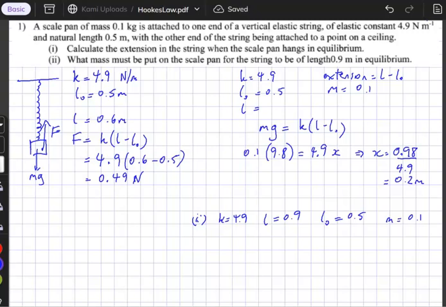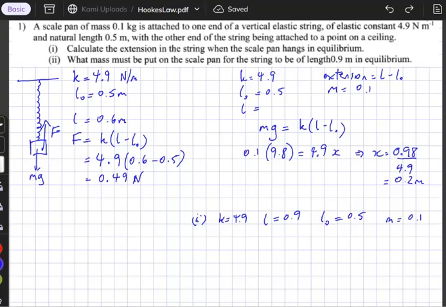So we want to know what different mass. I suppose what we should appreciate is what extra mass we are going to add on to the 0.1, because we've got the empty scale pan which has a mass of 100 grams, but how much extra are we going to put on to give a total that will extend it by 0.4?